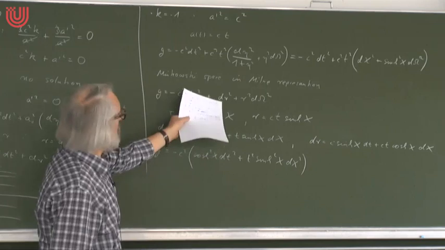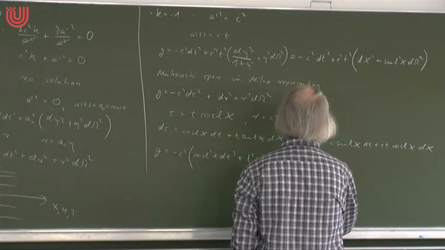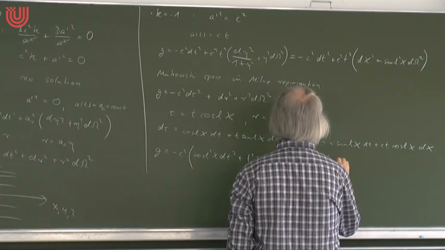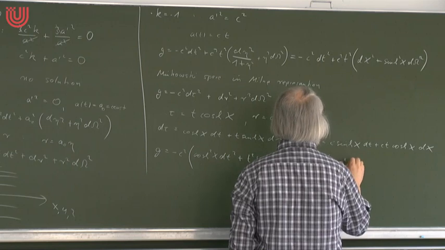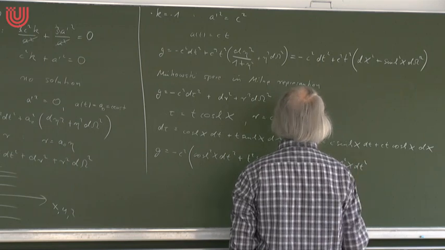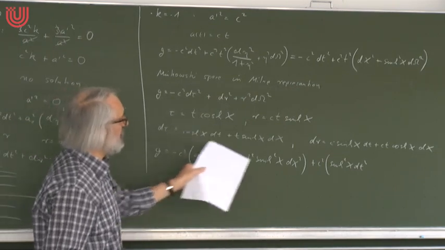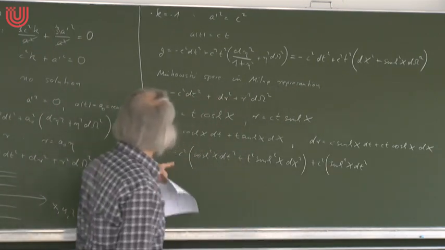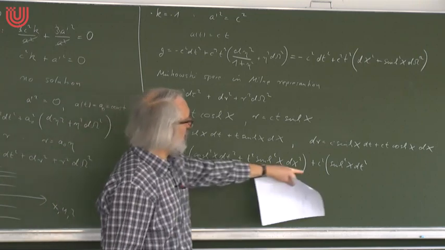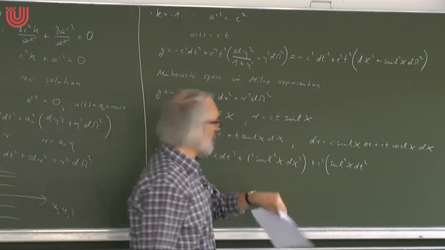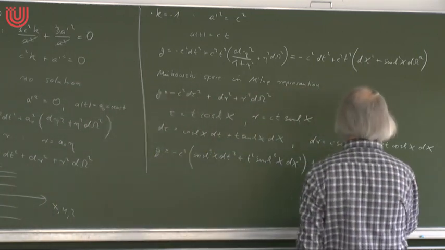And then from this term, dr squared, I get plus c squared this squared, sinh squared chi dt squared. And now I get again the mixed term. It's the same mixed term. If you multiply this with this and this with this, you get the same thing. But here you have a minus sign. Here you have a plus sign. So the two mixed terms go away. That's why I didn't write them.